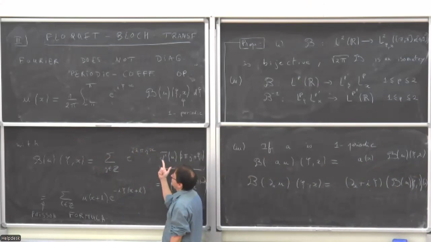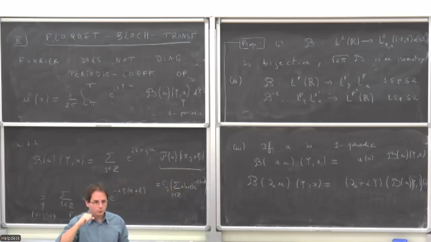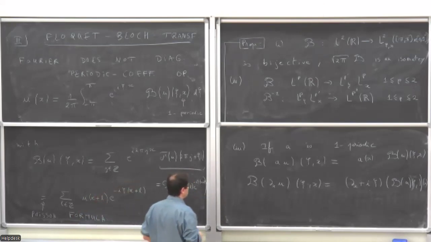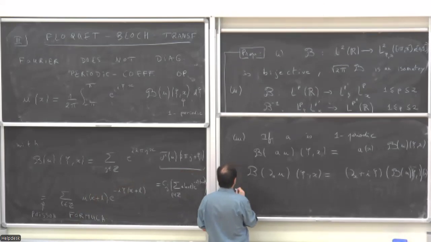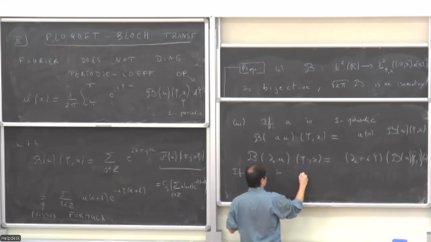You can also see that if you have something that is low frequency, then it's also already written in Fourier as an integral between minus pi and pi. Something that is constant. So this means that you can directly read the Bloch transform as being a Fourier. So I write it. Low frequency.